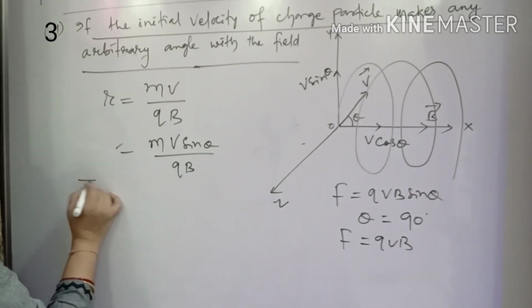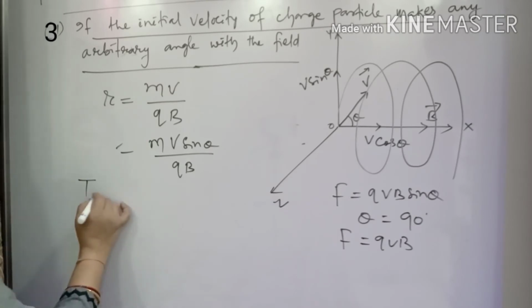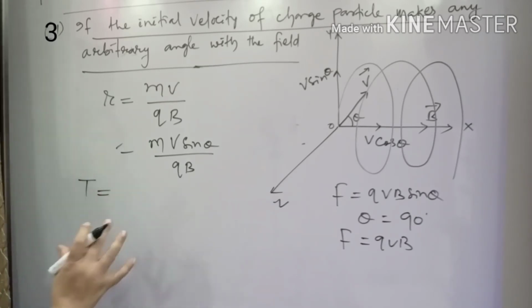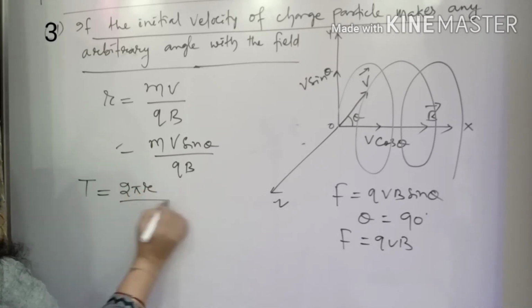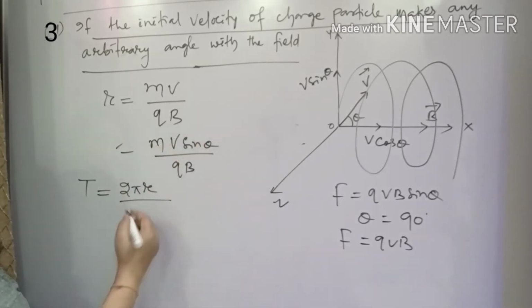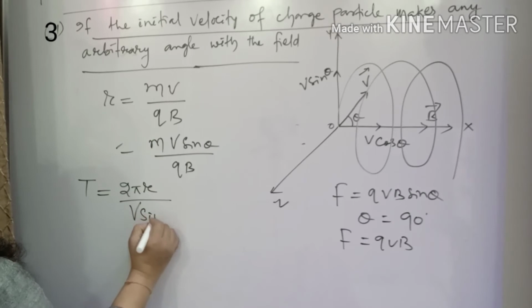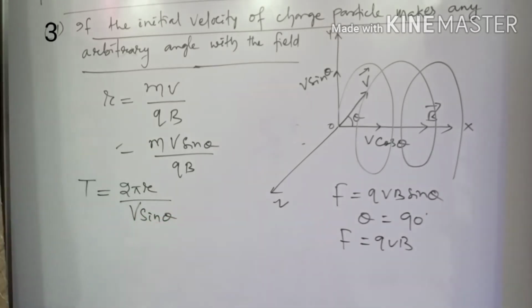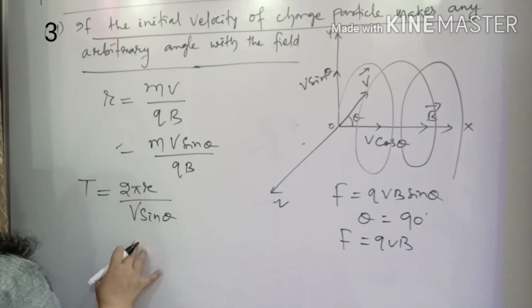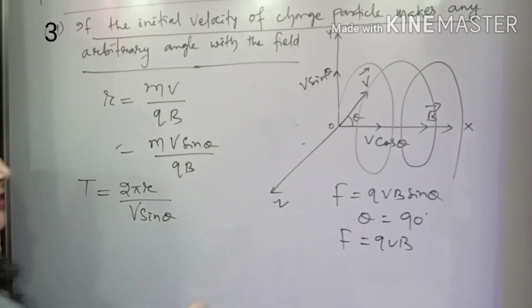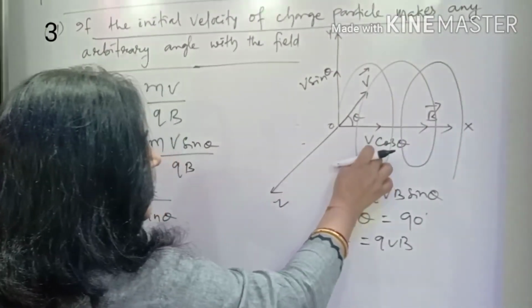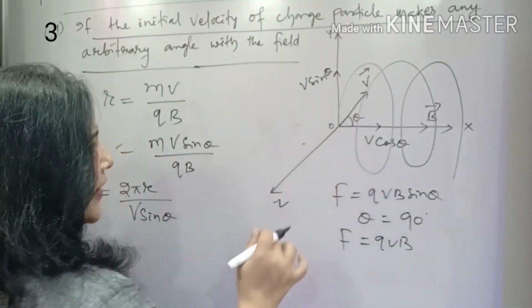Now similarly, if you are finding the period of revolution, T equals the total circumference, that is 2 pi r, divided by the velocity. Here the velocity component is V sin theta, which acts in the perpendicular direction. So T equals 2 pi r by V sin theta. You must be clear why I am taking V sin theta: for the V cos theta component, there is no deflection.